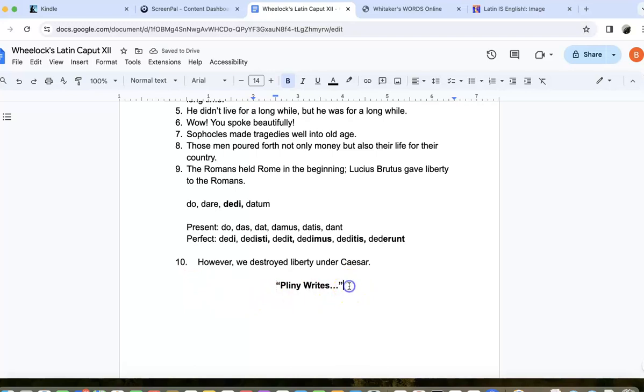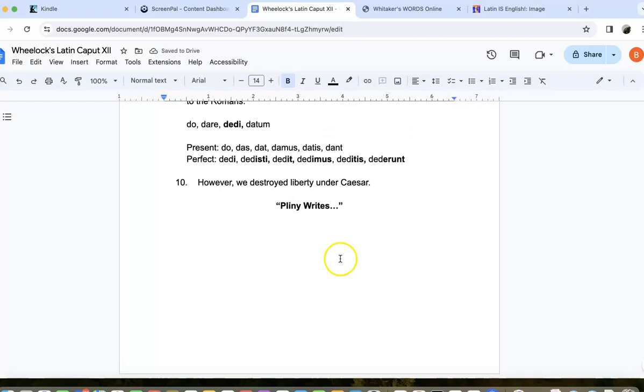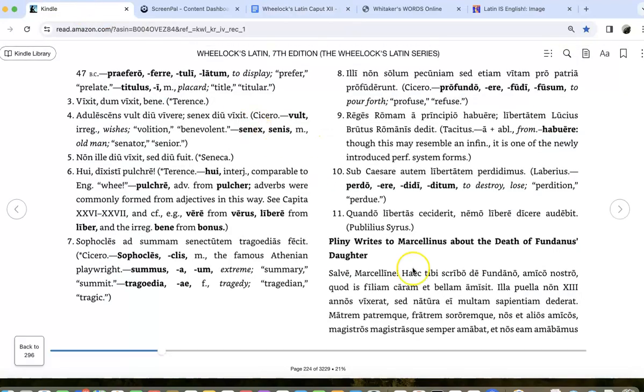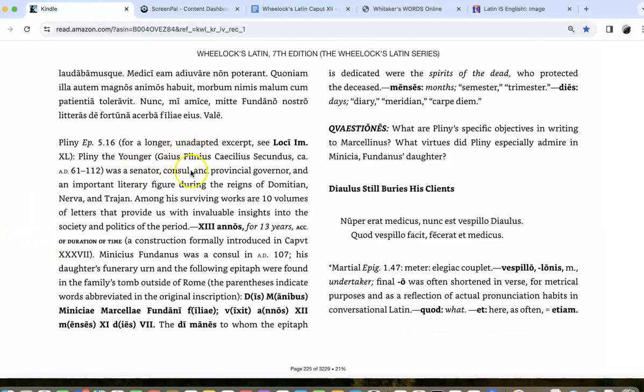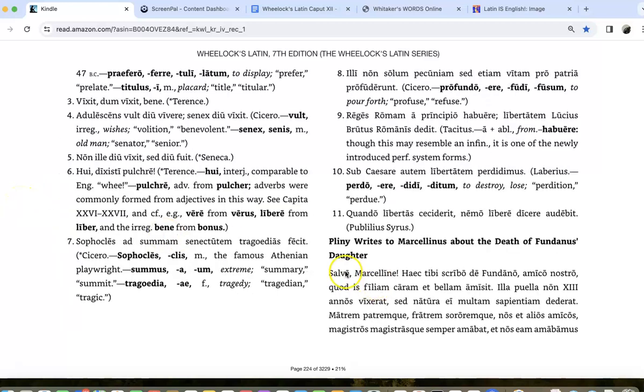Let's take a look at this longer passage. They give you a little context here: Pliny in his epistles, book 5, chapter 16. You can see here that this is about the death of his daughter, and he's writing a letter to his friend to talk about the death of this young girl.